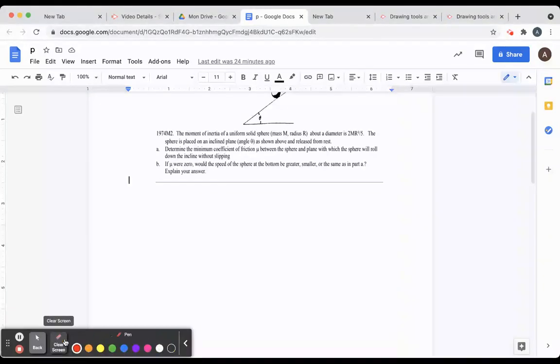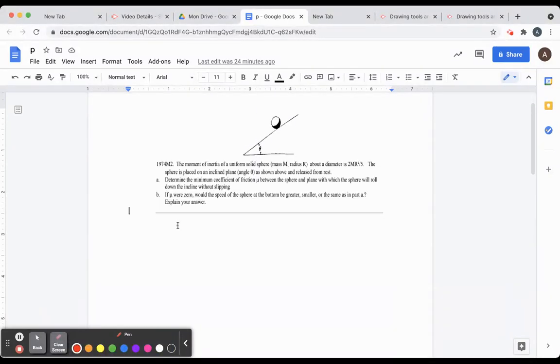So, in order to determine the coefficient of friction, we will start with the formula: force of friction equals the coefficient of friction times the normal force.